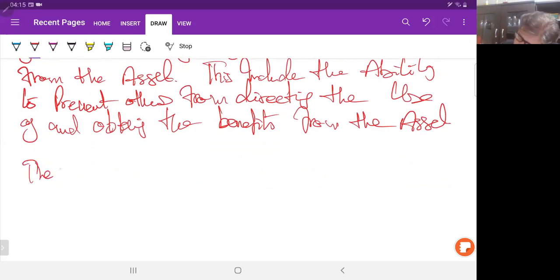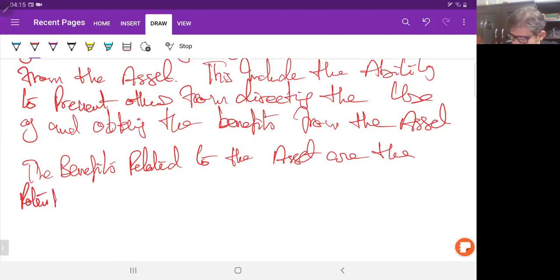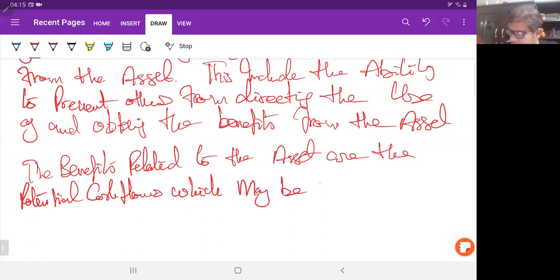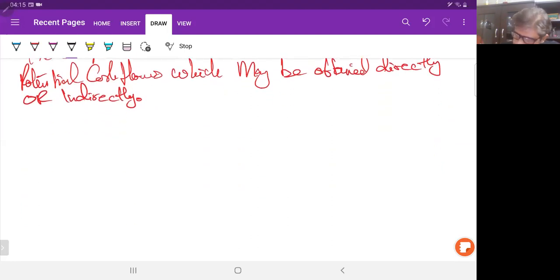The benefits related to the asset are the potential cash flows which may be obtained directly or indirectly.